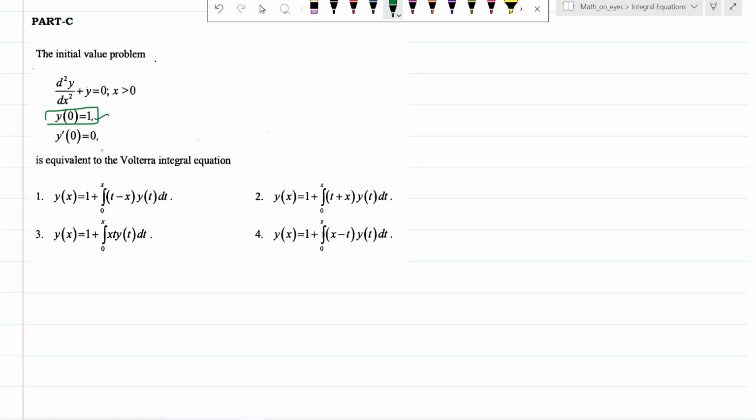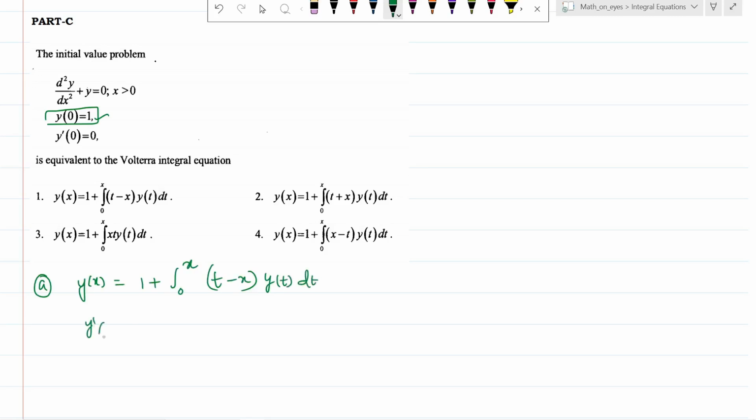Next, we need to verify y dash of 0 is equal to 0 for all the options, and for that we need to take the derivative by using the Leibnitz rule. We will go by option. For the first option A, we have y of x is equal to 1 plus the integral from 0 to x of t minus x into y of t dt.